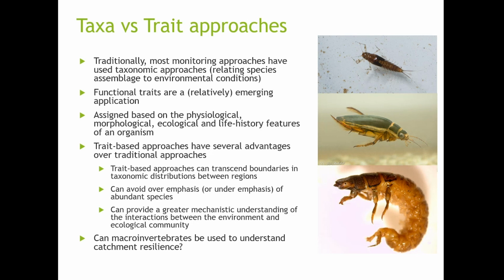And I've mentioned taxa and trait-based approaches before, but specifically looking at whether we can develop trait-based approaches within this context, because they do have benefits such as being able to transcend boundaries in taxonomic distributions between regions. They can avoid overemphasis or underemphasis of abundant species, and they can provide a greater mechanistic understanding of the interactions between the environment and the ecological community.